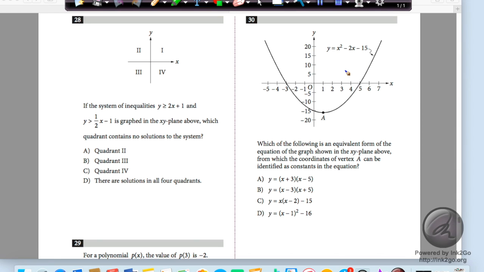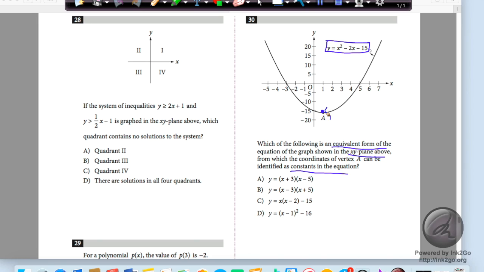Okay, we're in the home stretch. Question 30. It says, which of the following is an equivalent form of the equation of the graph shown in the xy plane above, from which the coordinates of vertex A can be identified as constants in the equation? Okay, so here I see that this is the equation of this particular vertex, and here is my point A. Now, it does seem as though the x is 1, and the y may be between minus 15 or minus 16.